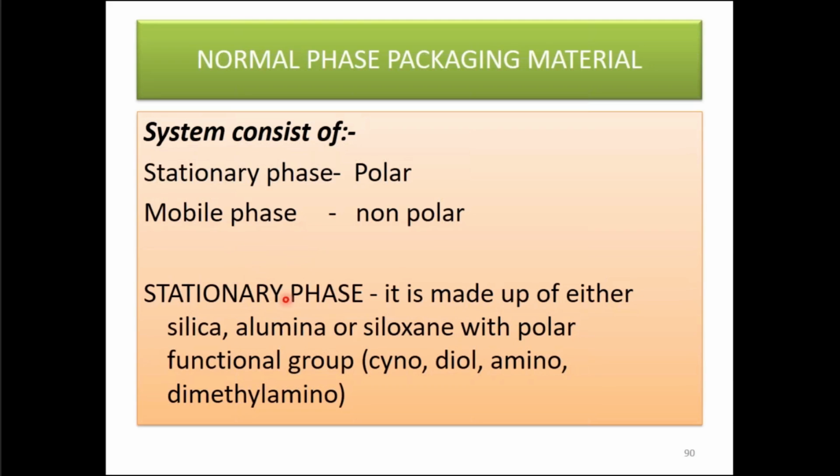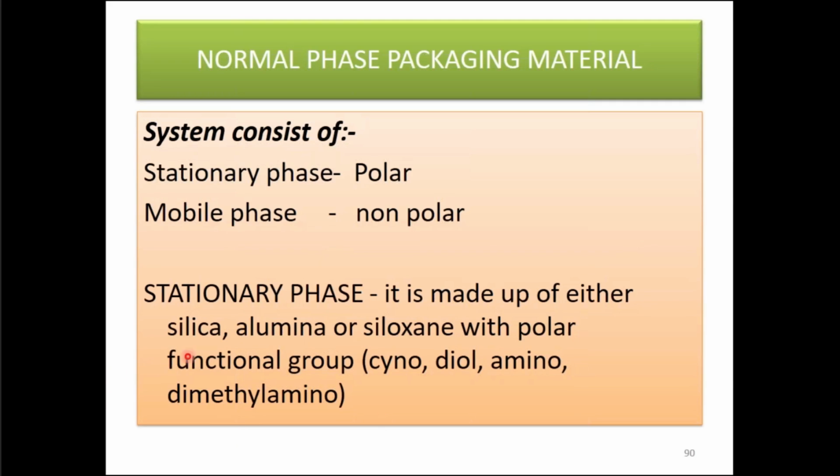miscible with it. Stationary phase in such normal phase chromatography is made up of either silica, alumina, or siloxane with polar functional groups like cyano, diol, amino, dimethylamino. We call these cyano columns, diol columns, or amino columns.